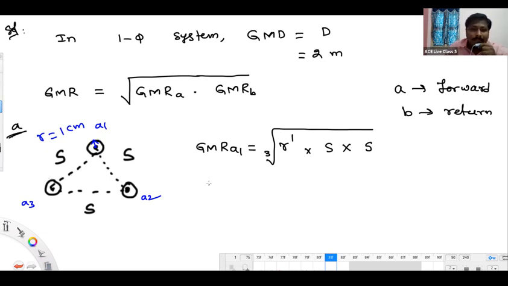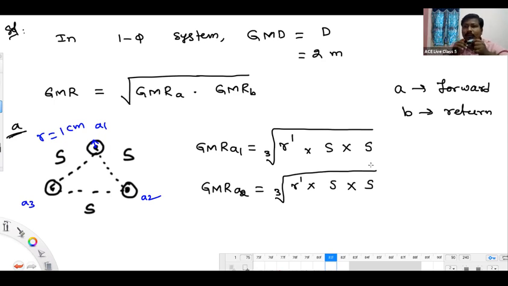Okay. What is GMR of A2? Self of A2, R dash. A2 to A1, yes, we have. A2 to A3, again yes. Yesterday also we have discussed the same thing, right? While you are writing GMR of A1 and A2, first we have taken self of A1 and then distance from that A1 conductor to the remaining conductors in the same phase.